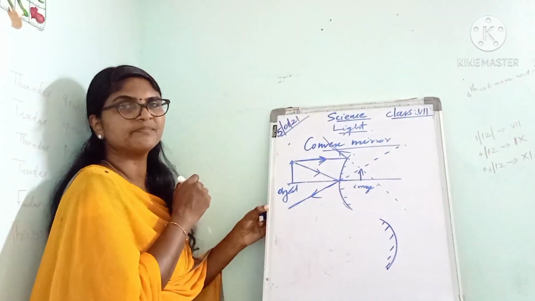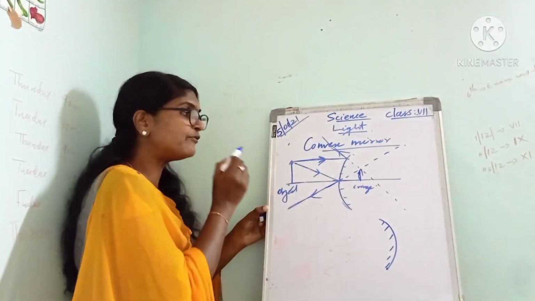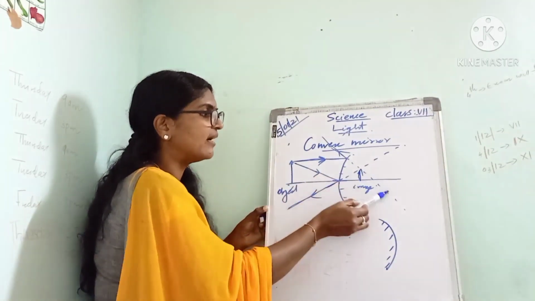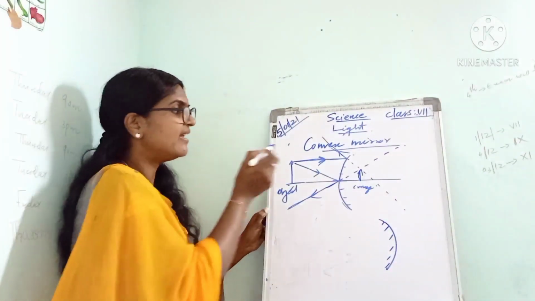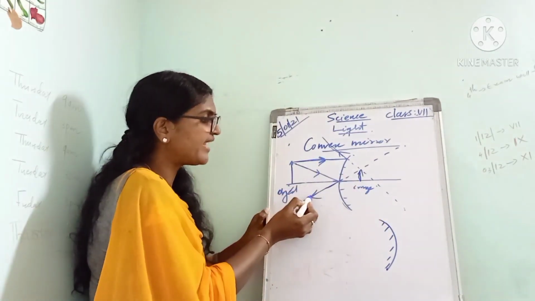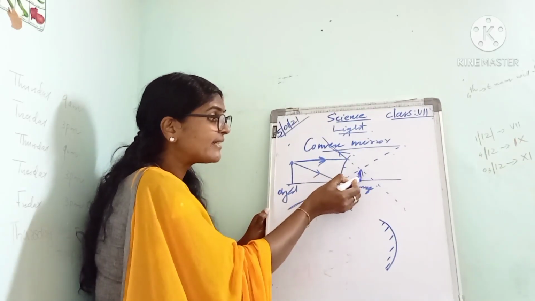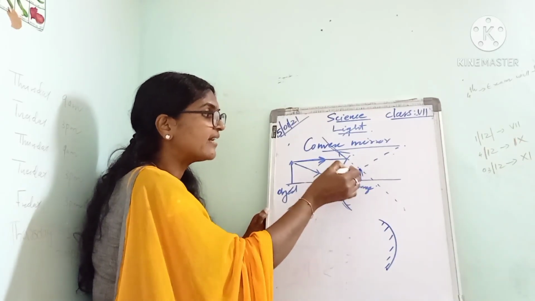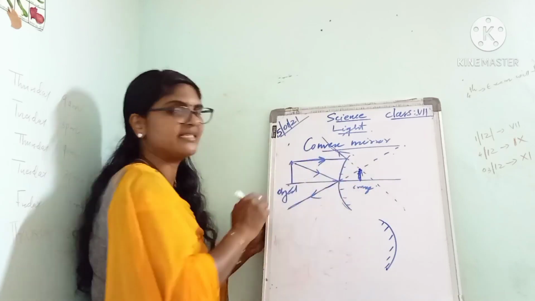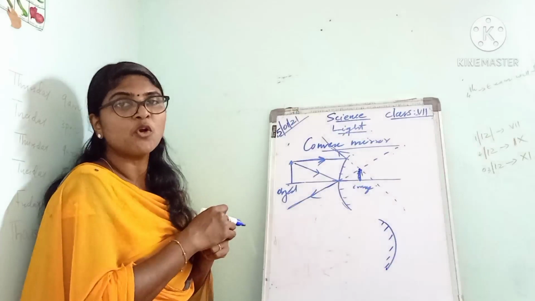Here the virtual image is formed after the extension of these reflected light rays. When we extend the reflected ray like this, and also extend the other reflected ray like this, these two extended reflected rays meet at a point here where we get the image. Actually it is the virtual image formed by a convex mirror.